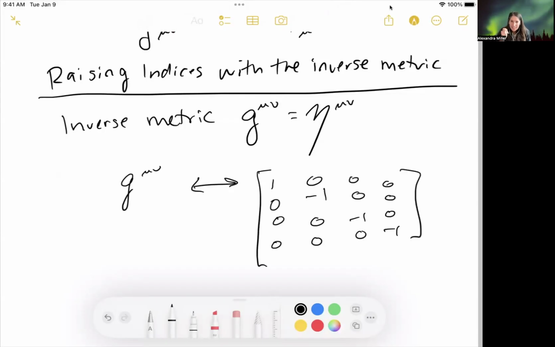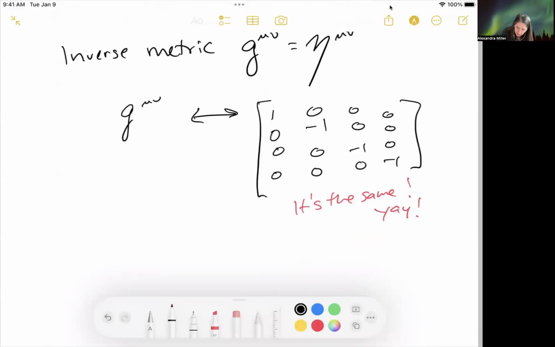But in this case, happily, it's the same. Again, in general, objects with upper and lower indices, their components are going to look different. In the case of special relativity, our inverse metric looks the same.